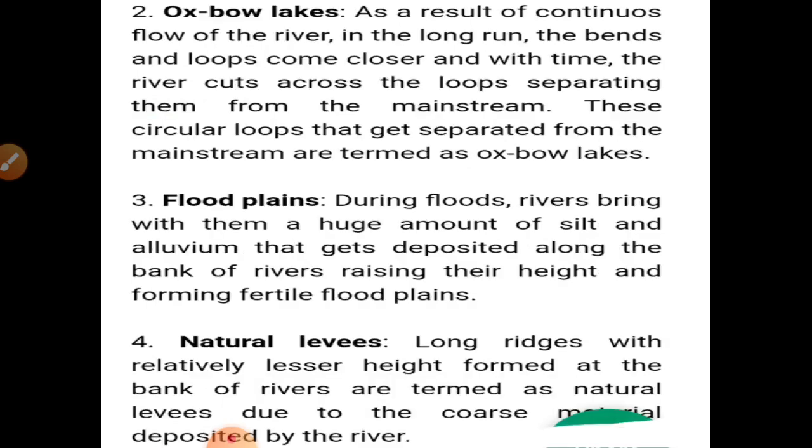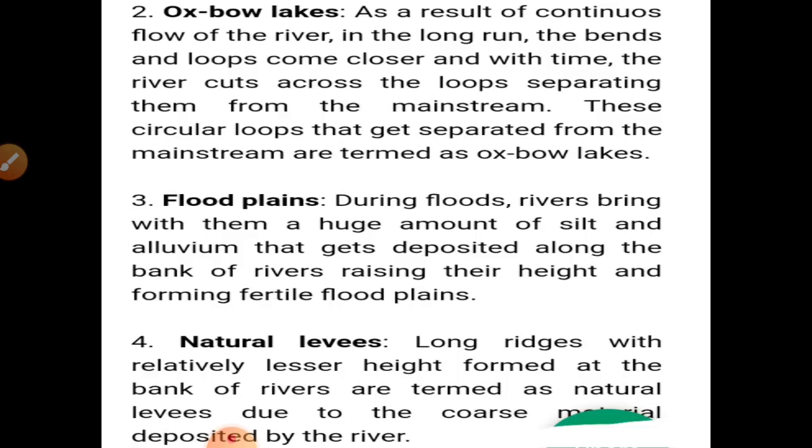Second one is oxbow lakes. As a result of the continuous flow of the river in the long run, the bends and the loops come closer, and with time the river cuts across the loop, separating them from the mainstream.